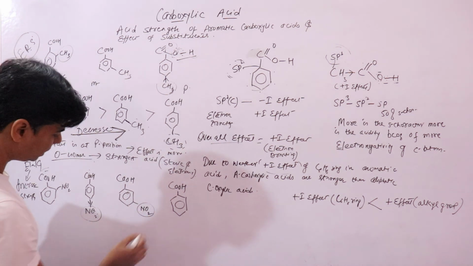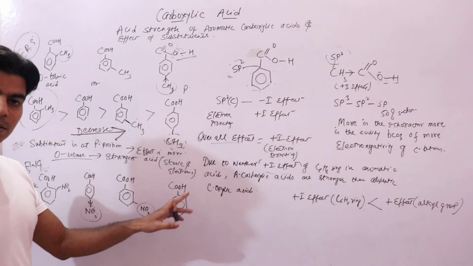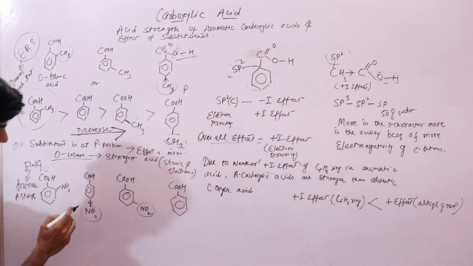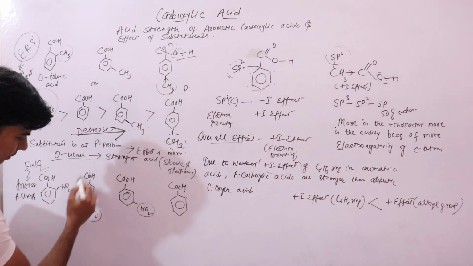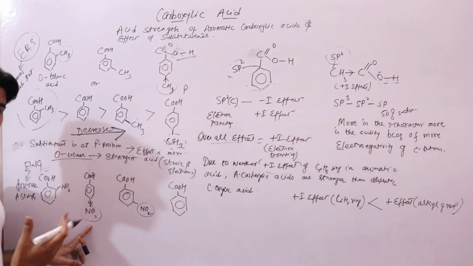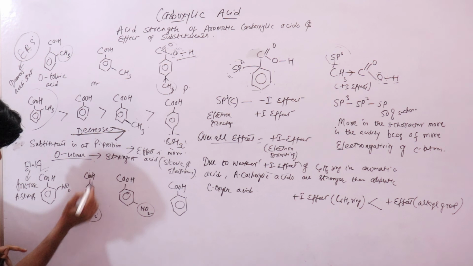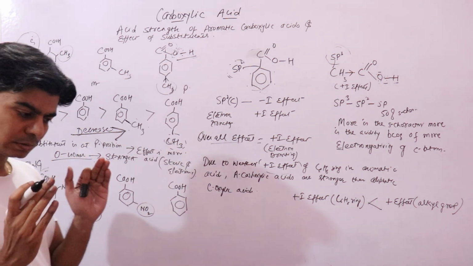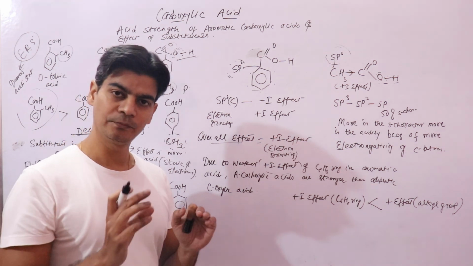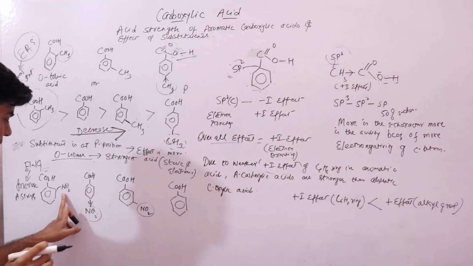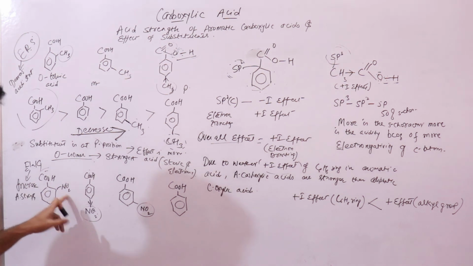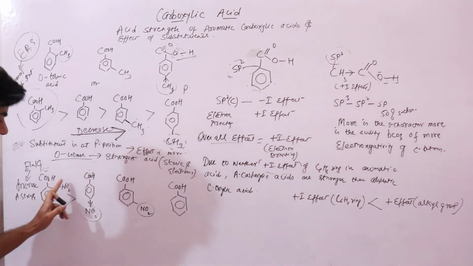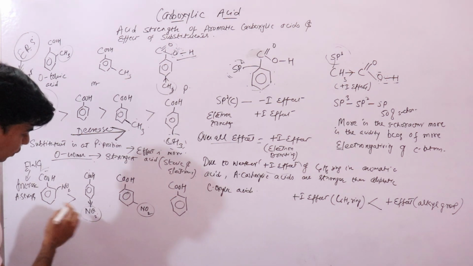When the substituent is present at ortho position, it makes ortho nitrobenzoic acid the strongest acid. When it is present at para position, its effect is more, right? But this is the ortho isomer. When the substituent is present at ortho position, it would be the strongest acid, irrespective of whether it is electron releasing or electron withdrawing.